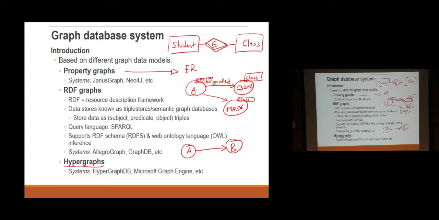Okay, you have the outgoing edge and then you have the incoming edge. But every edge connects exactly two nodes. A hypergraph is a generalization of this. What it does is that, well, you have A here, you have B here, you have what is called a hyperedge. The hyperedge may connect multiple nodes to multiple nodes. This is the direction.